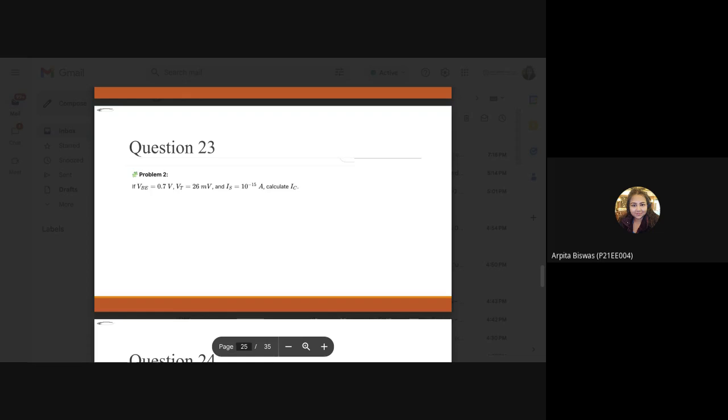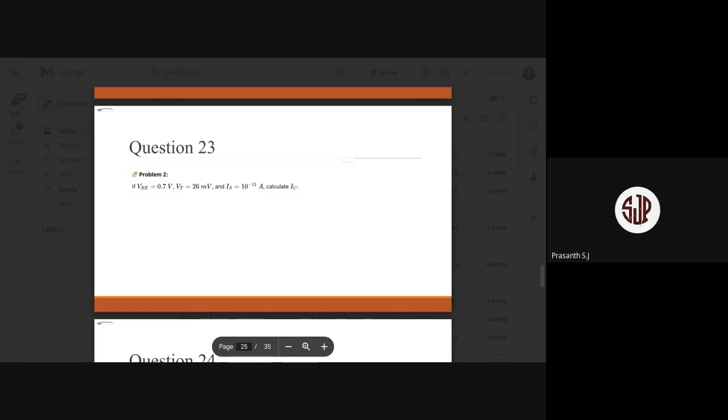What is the value of IS? 10 to the power minus 15. Okay. And then what is the value of VBE? It is e to the power 0.7 by VT. VT is 0.026. So the final value is 0.54 milliamps. So can we move towards the next question?